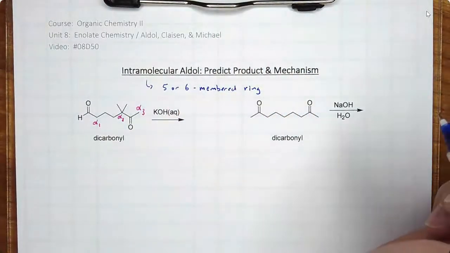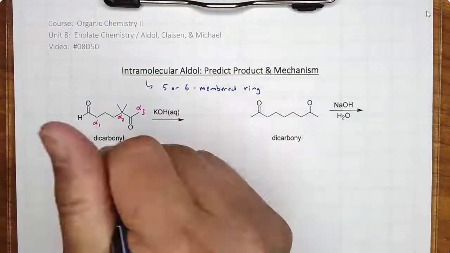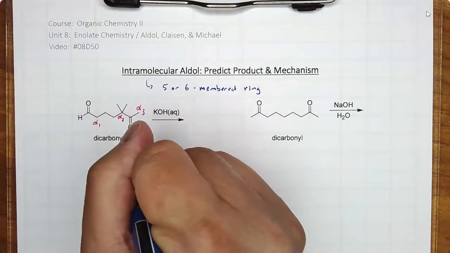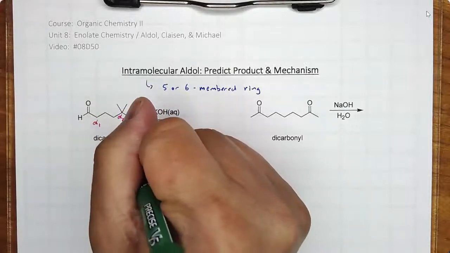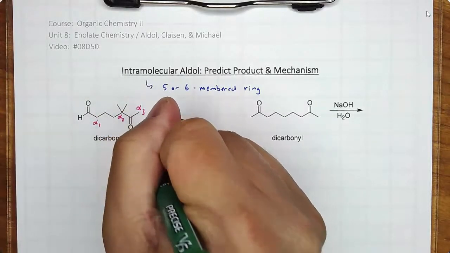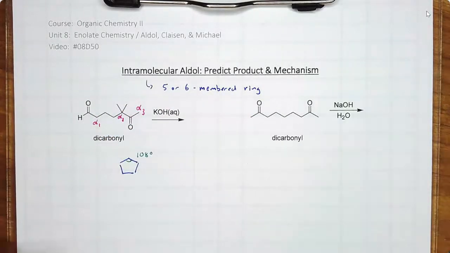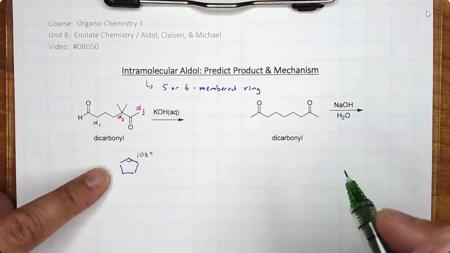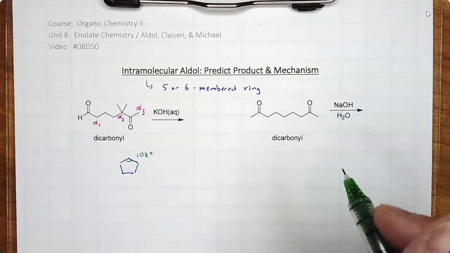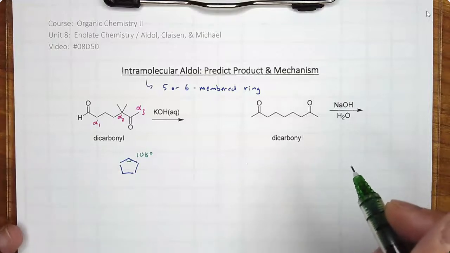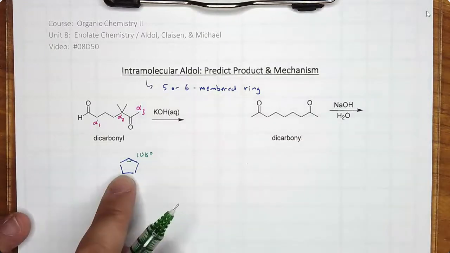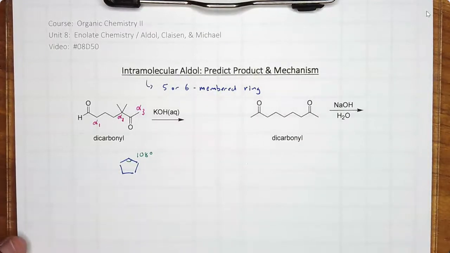That's because a 5-membered ring has a bond angle of 120 degrees. That's not right, 108 degrees for a pentagon. That's very close to a tetrahedral angle, and so there isn't a lot of angle strain when you make a 5-membered ring.